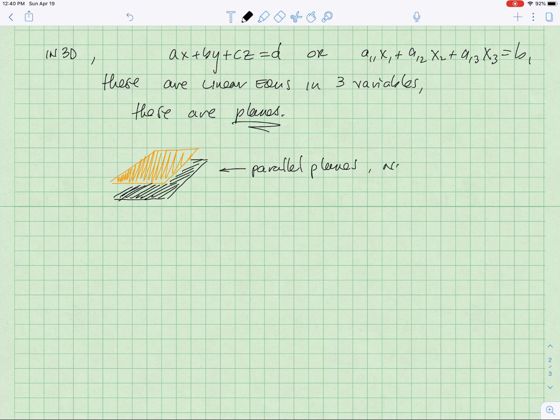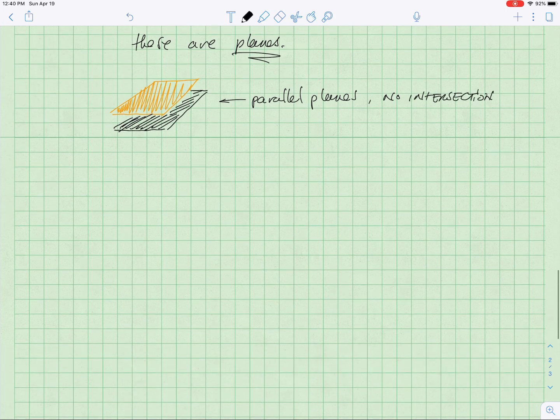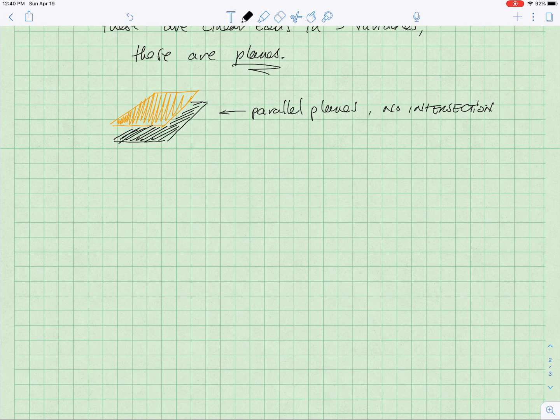There is no intersection. So that system would have no solution. You can actually have, if you just have two planes, let's see if I can draw this one. Yeah. That could have been worse.